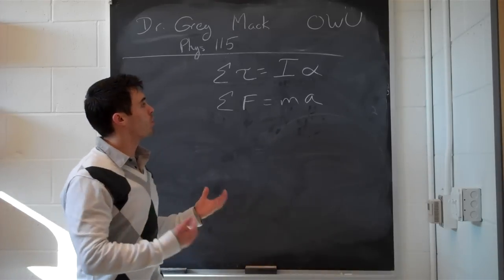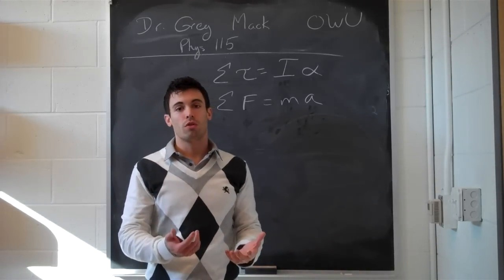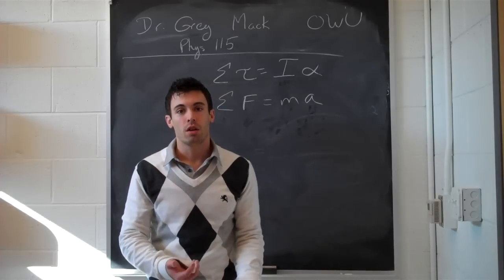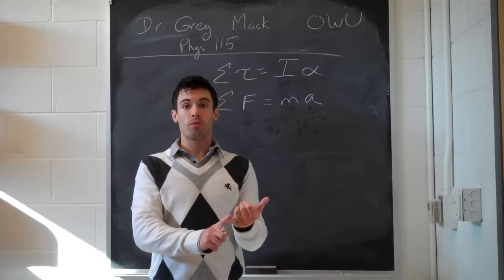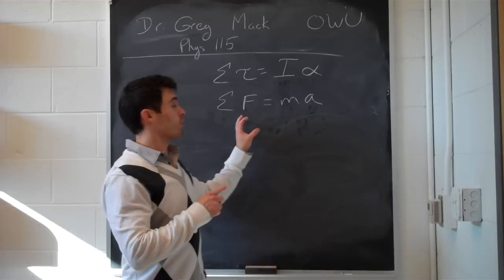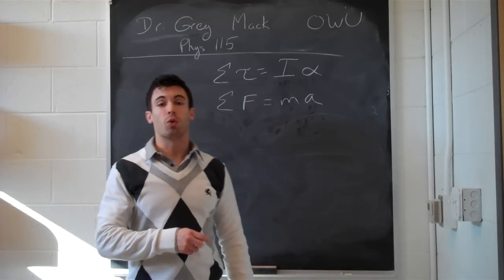So when we look at our conditions for what is going on, we have to use Newton's second law for forces, and we also have to look at the sum of the torques.